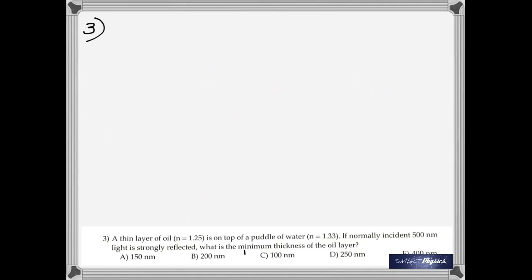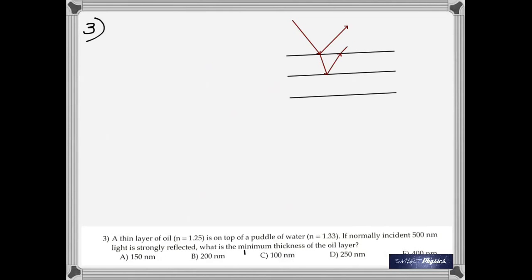There's a thin layer of oil on top of a puddle of water there, and light is normally incident, wavelength 500 nanometers, strongly reflected. So again, condition for brightness. So what is the minimum thickness? Just like the previous problem, but maybe with a small difference. All right.